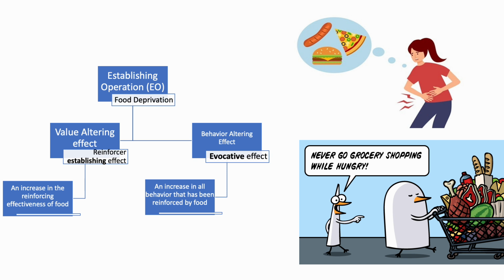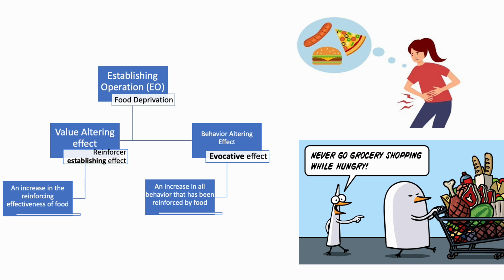And an establishing operation will have a value altering effect and a behavior altering effect. Actually, both establishing operations and abolishing operations are going to have value altering effects and behavior altering effects. A value altering effect basically means that the establishing operation or the abolishing operation is going to modify the value of a particular stimulus functioning as a reinforcer.